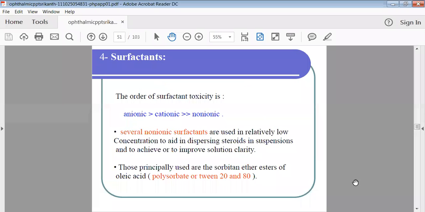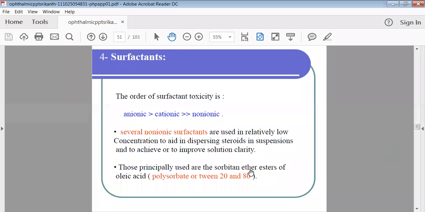So in this case we have to maintain the given criteria. Generally, anionic surface acting agents are a little more harmful than cationic, and cationic are more harmful than non-ionic. So this is the sequence of harmfulness or toxicity.